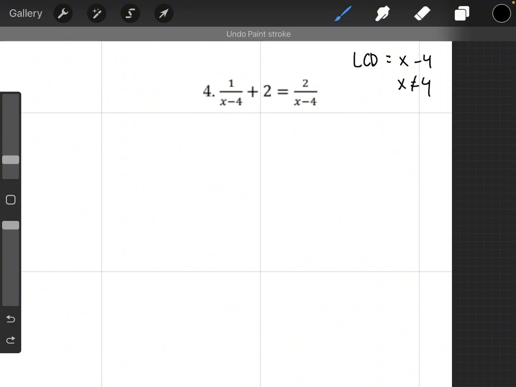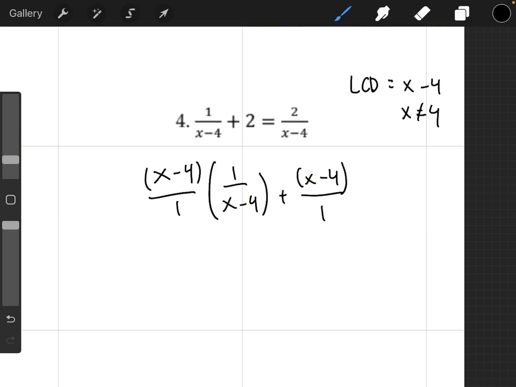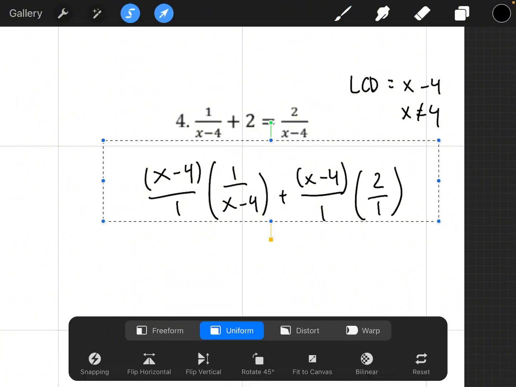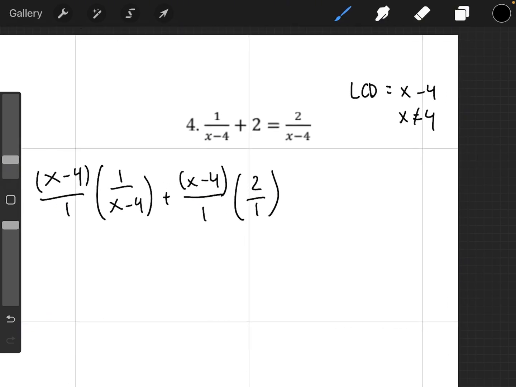So we'll go ahead and multiply each term by the least common denominator. Now we can cancel out like terms.